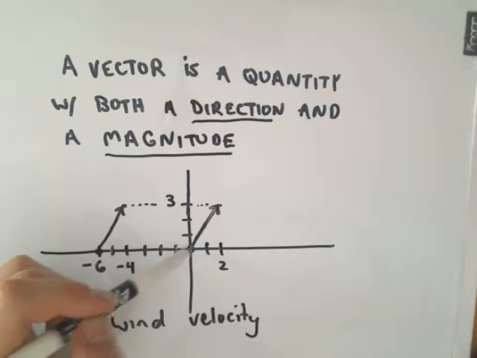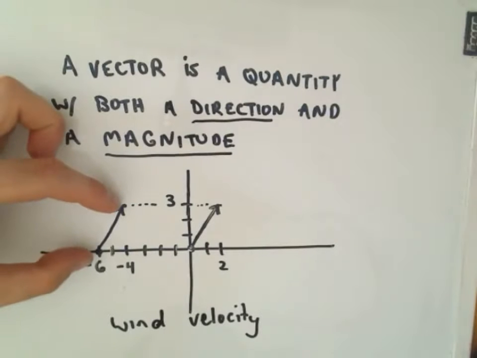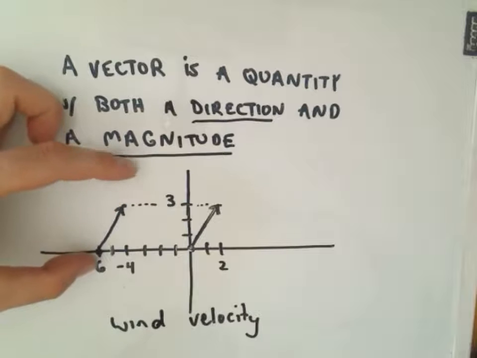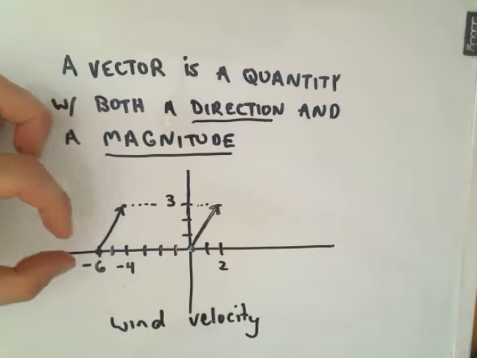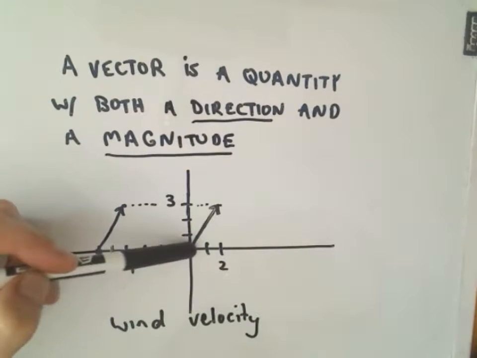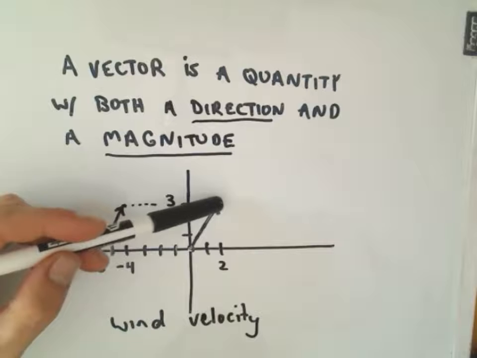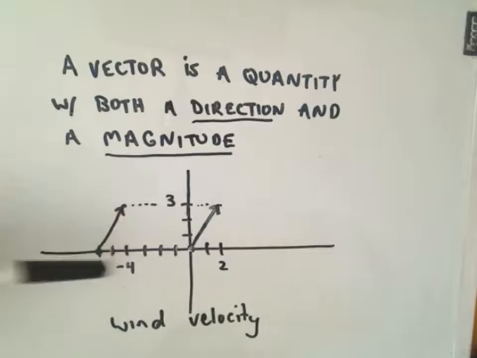So the idea is the magnitude of the vector is related to its length. The longer the vector, the bigger the magnitude. The shorter the vector, the smaller the magnitude. So this vector to me says, okay, if you're at some point on a map, the wind is blowing almost northeast at some speed.